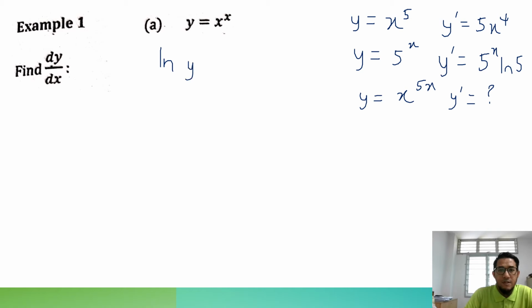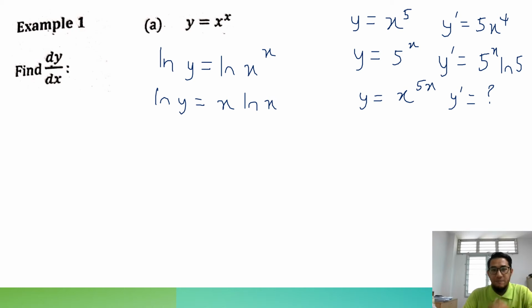You have ln y equals ln x power of x. Then we apply properties of log, where we bring x to the front. So we have ln y equals x ln x. The use of ln is to bring the power, which is a variable, to the front.